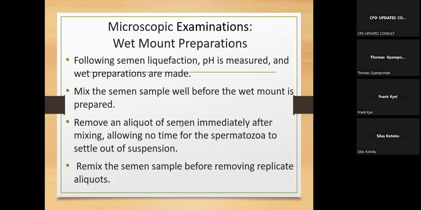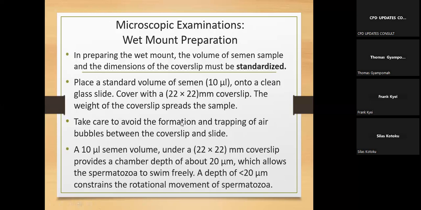Now, let's move on. There's something interesting I want you to know. In preparing a wet mount for semen, there should be standardization. I mentioned that. What is this standardization? It means you can't just take any drop. The drop that you take should be approximately 10 microliters.